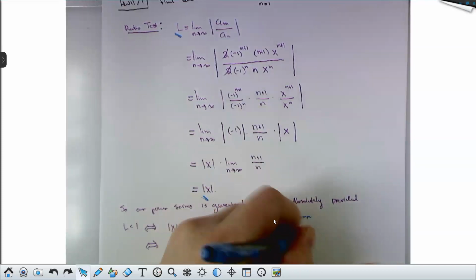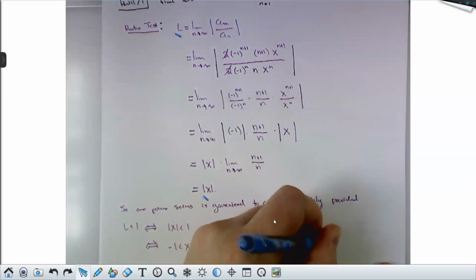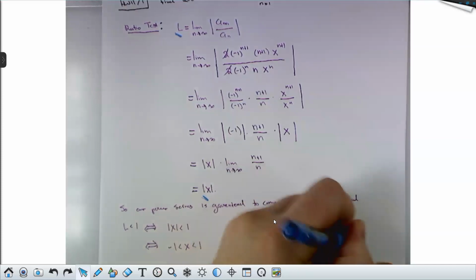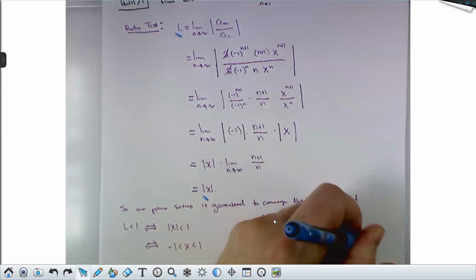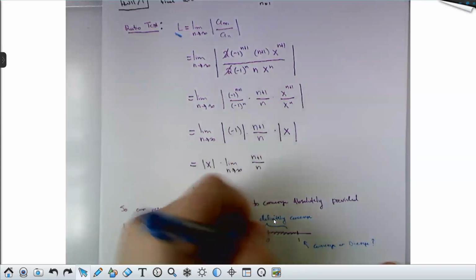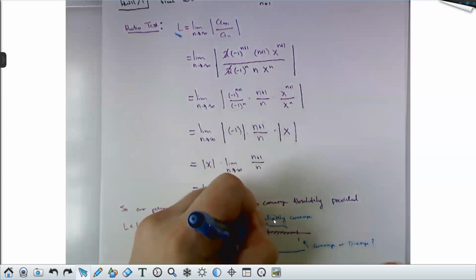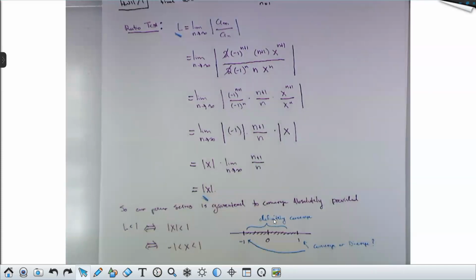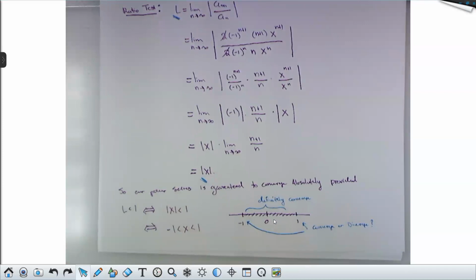But what about here? Or here? Right? If I stay strictly between -1 and 1, I know that the series converges. But what about at 1 or at -1?